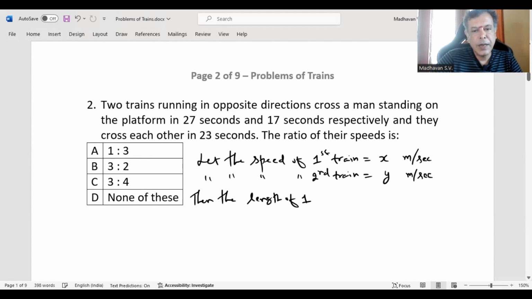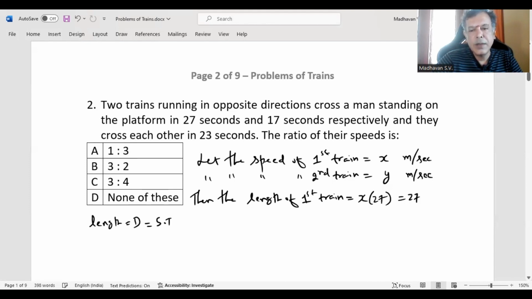Which means the length of the first train, length is nothing but the distance, and distance is nothing but the speed multiplied by time, s into t. So here the speed is considered to be x, and time is given in the question as 27.